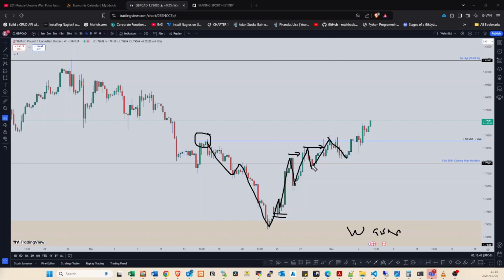We did move here. At this point, we wanted to see the market test here and continue lower. Then we came higher, we did break. It kind of broke here, then you can be looking at that level again.